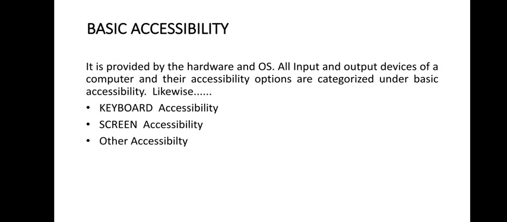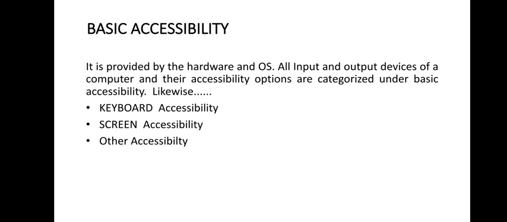What is basic accessibility? Students, basic accessibility is provided by the hardware and operating system of the computer. When we talk in detail, we say all the input and output devices and their accessibility options, that means the options used to access these devices.